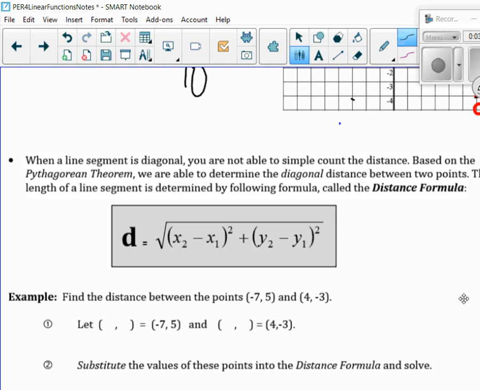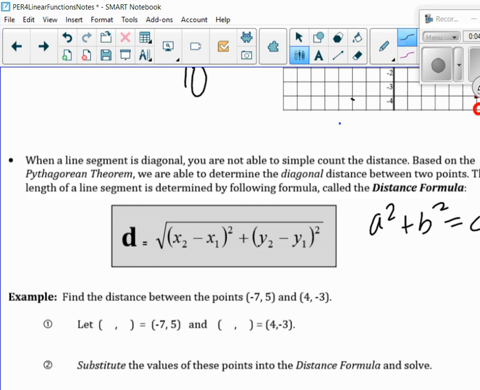So when a line segment is diagonal, you're not able to just count the distance. Based on the Pythagorean theorem, we're able to determine the diagonal distance between 2 points using essentially the distance formula. Does this ring a bell here? Remember, a squared plus b squared equals c squared.